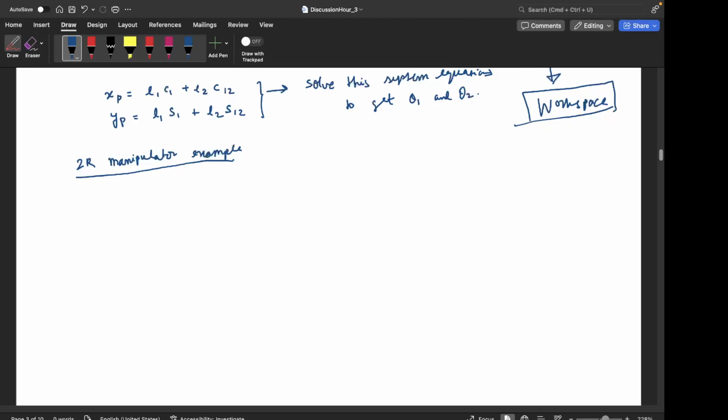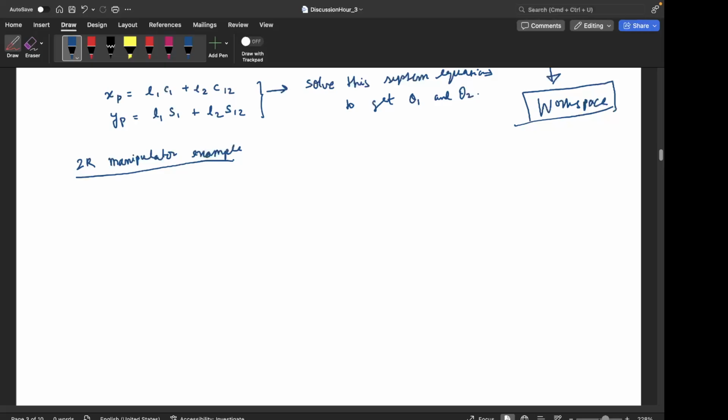Okay, so 2R manipulator example. And one thing to note is that inverse kinematics is not the same process for all the robots you will encounter. It's a unique process depending on the robot.